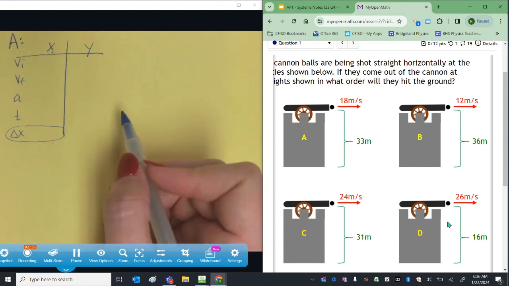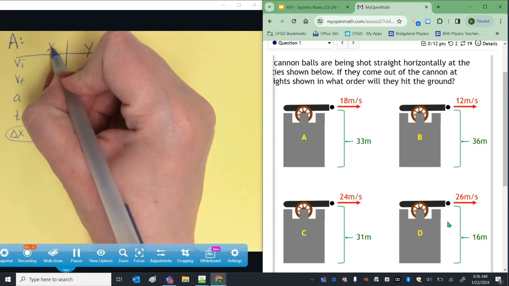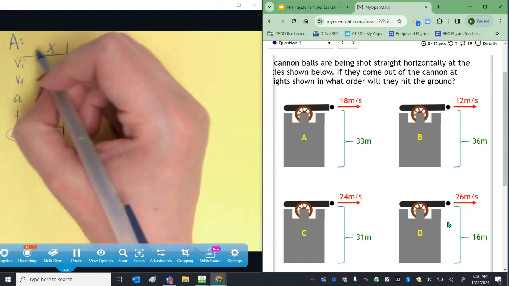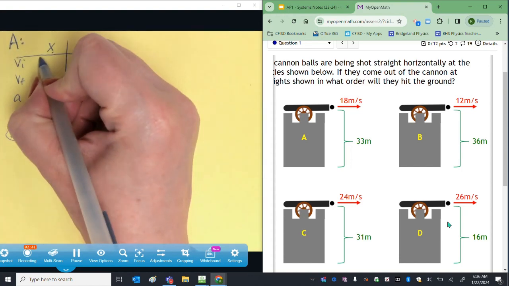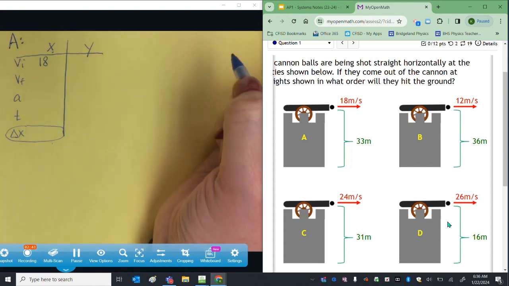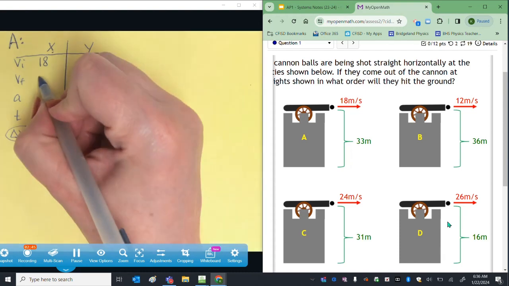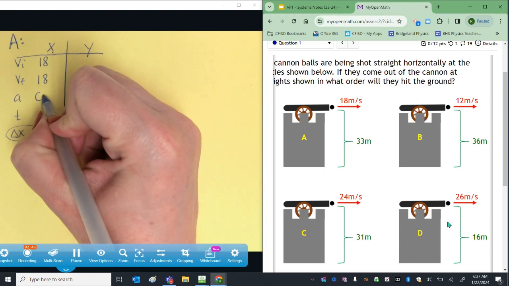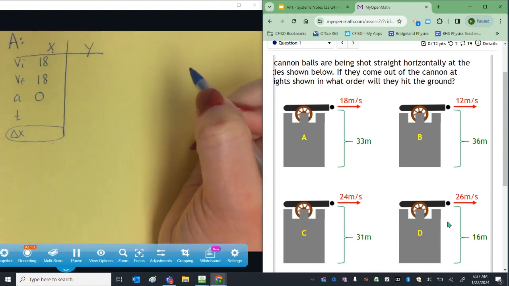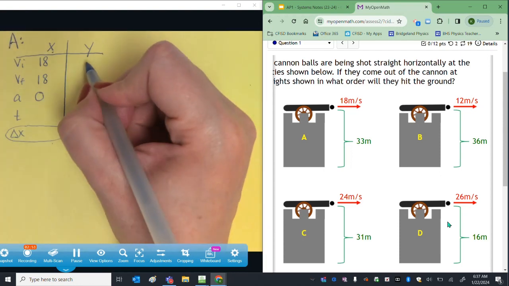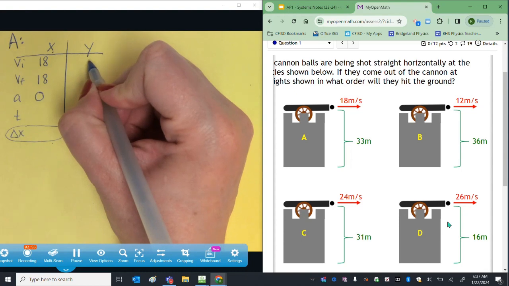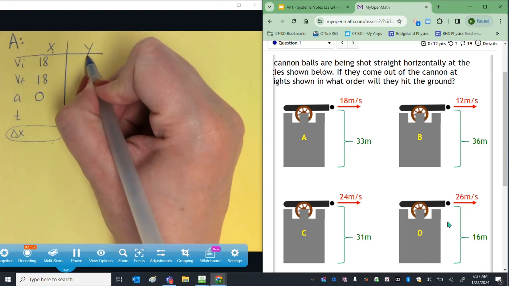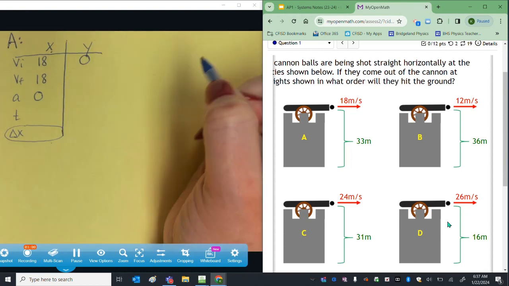For projectile A, my initial velocity in the x direction, that's horizontal, is the one in the picture, 18 meters per second. It's also my final velocity horizontally, because horizontally I don't have any acceleration. In the y direction, anytime you have a horizontal launch, your initial vertical velocity is 0.